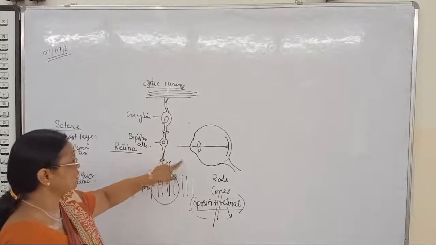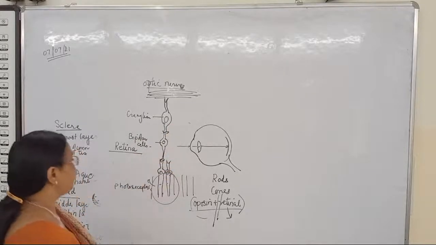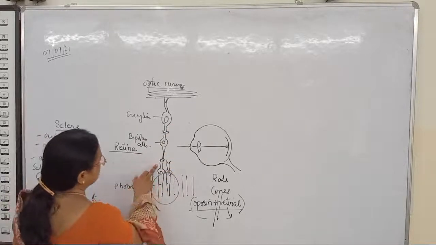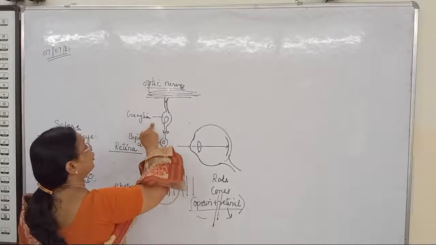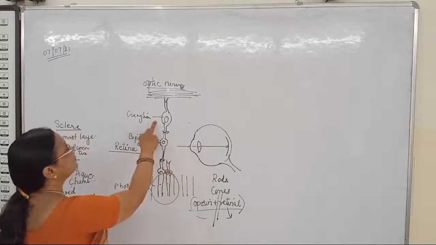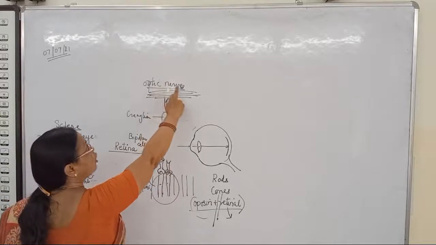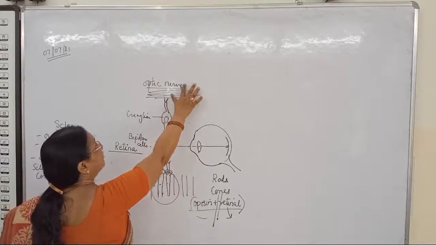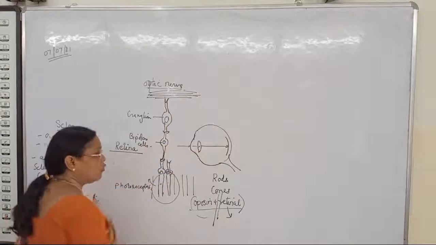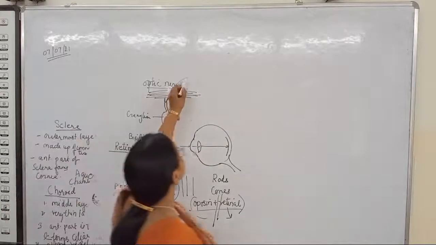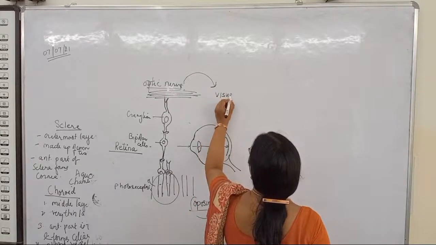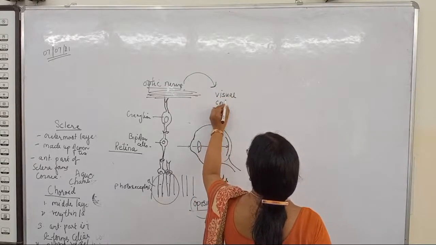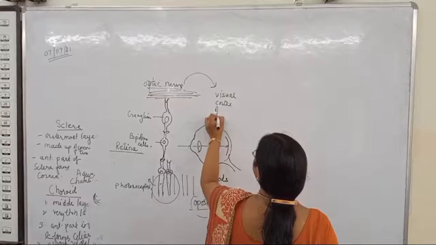There are other cells also present in the retina, but these potentials are passed on to the bipolar cells, and then to the ganglion. From the ganglion they are passed on to the optic nerve, and from the optic nerve it goes to the visual cortex of the brain.